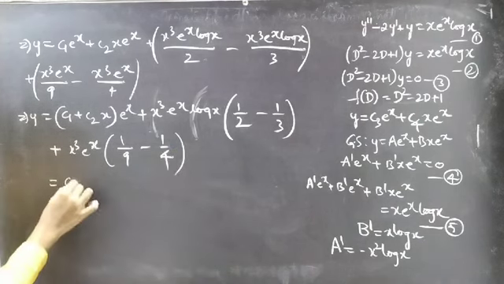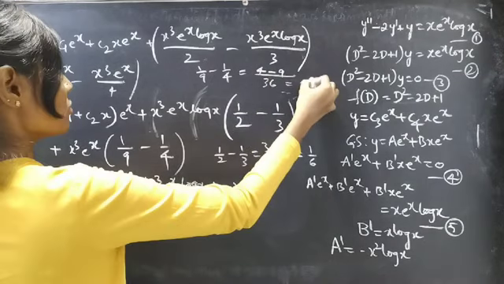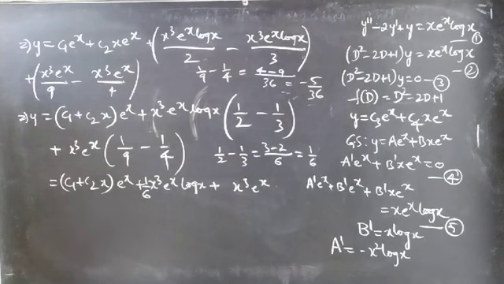This gives us c1 plus c2 x, times e power x, plus x cube e power x log x into 1 by 2 minus 1 by 3, which is 3 minus 2 by 6, which is 1 by 6. Just replace it with 1 by 6. You'll get 1 by 6 x cube e power x log x plus x cube e power x into 1 by 9 minus 1 by 4, which is 4 minus 9 by 36, giving us minus 5 by 36.